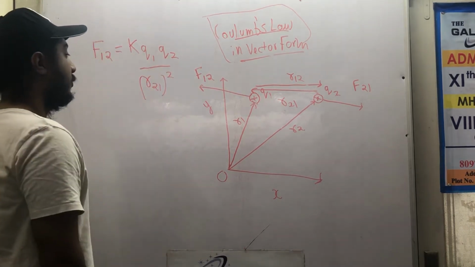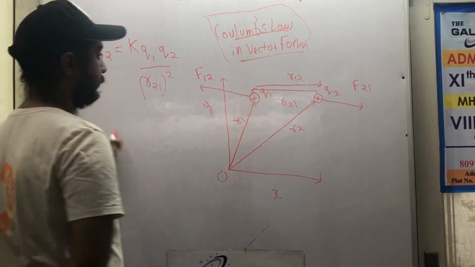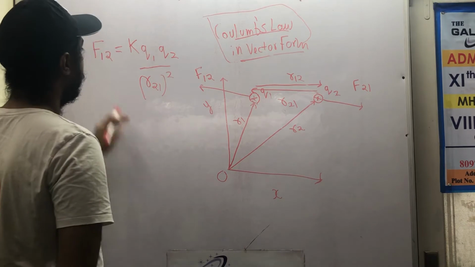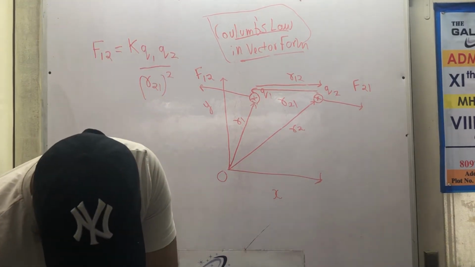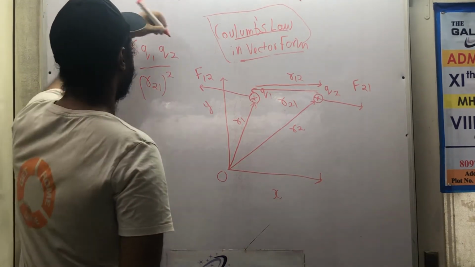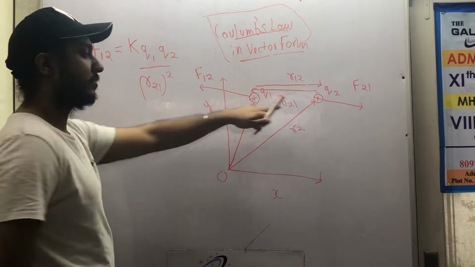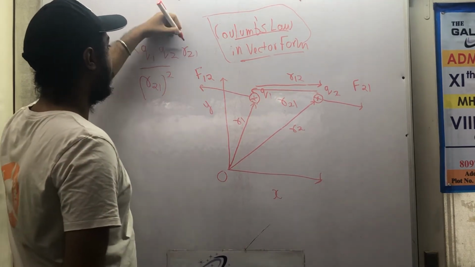Okay, and to indicate the direction, I will indicate the direction using a unit vector. So it is in the direction of this. Okay, so I will write here R21 cap.